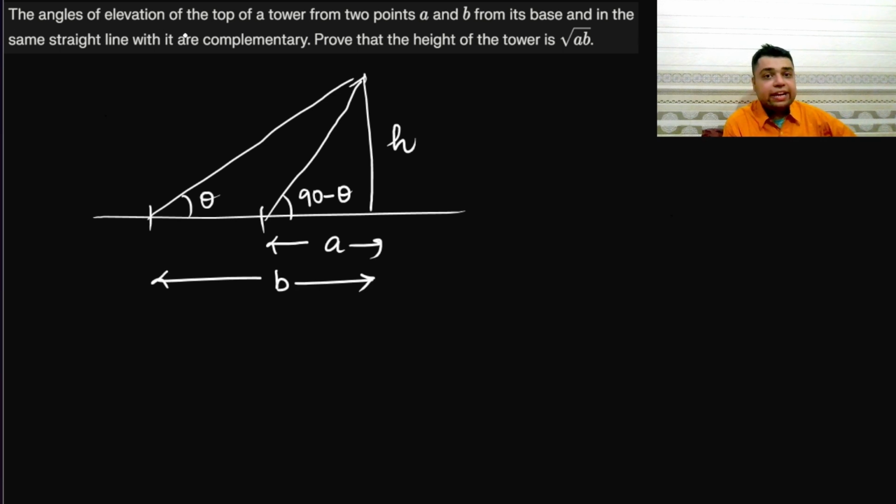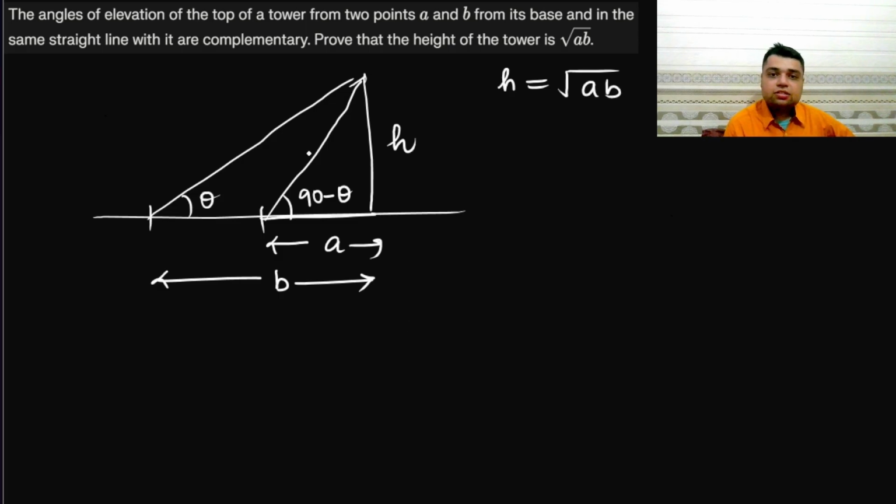The angle of elevation of top of the tower from 2 points A and B from its base. So A and B on a straight line. Okay. So this is at distance A and this is at distance B. So now we need to prove that H should be equal to root of AB. This is our task. Okay.